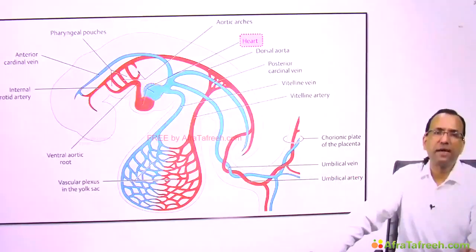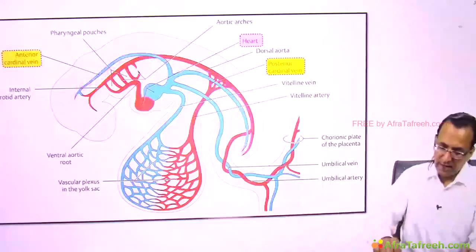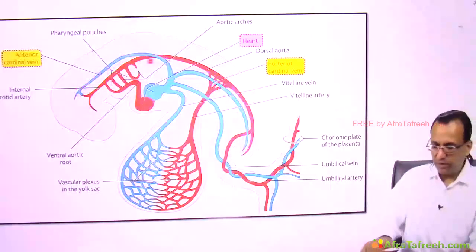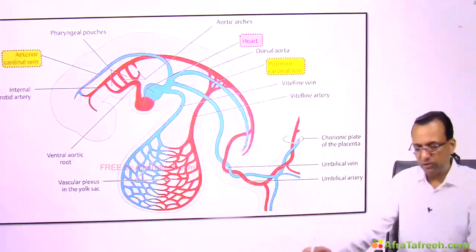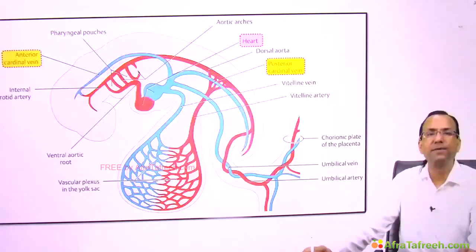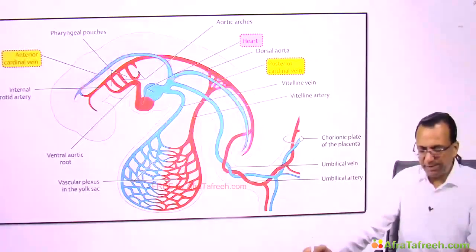Where are the veins coming here from? From the body wall. There is anterior cardinal vein and posterior cardinal vein joining to form the common cardinal vein, and enter the venous end of the heart tube. What will happen to them later?